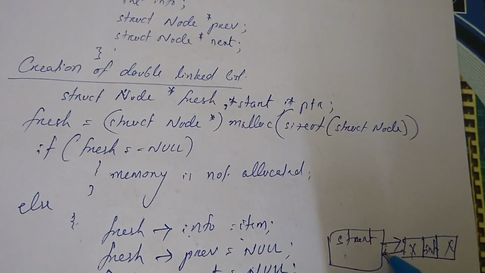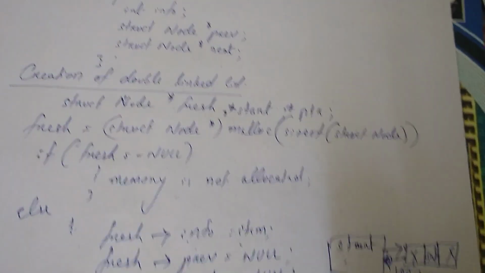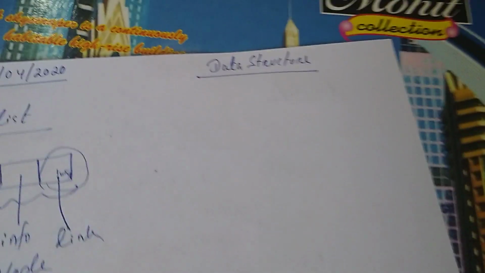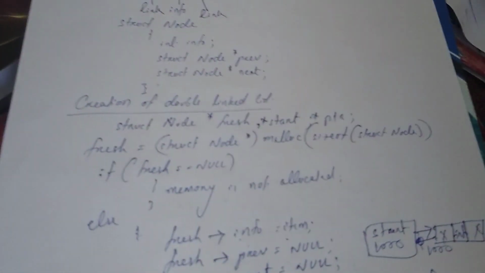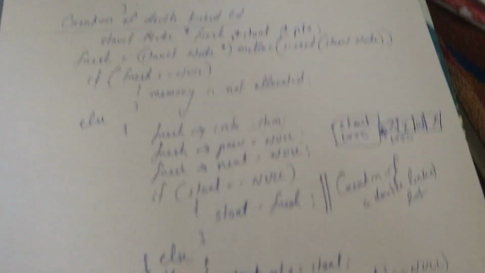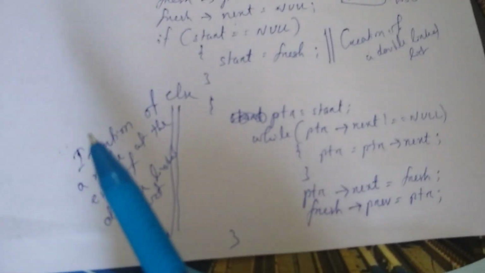Suppose its address is 1000, so start has 1000. Got it? So here we completely understood what a double linked list is, how a double linked list is created, and how we can insert a node at the end of the double linked list.